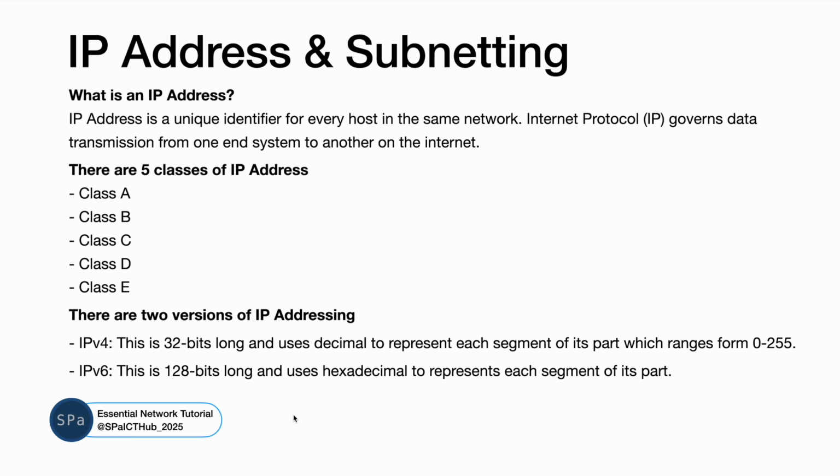And what is the purpose of an IP address? It is to uniquely identify a particular end system on the network. The network could be LAN or WAN. What do I mean? LAN means local area network, and WAN means wide area network.